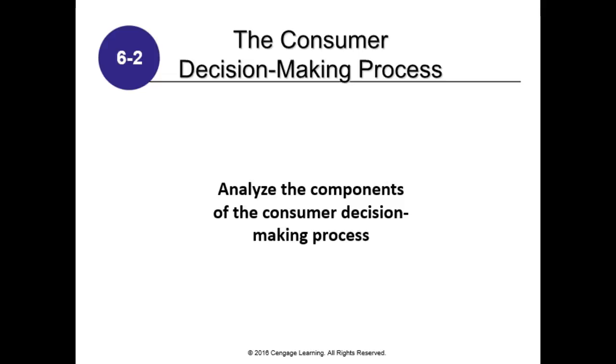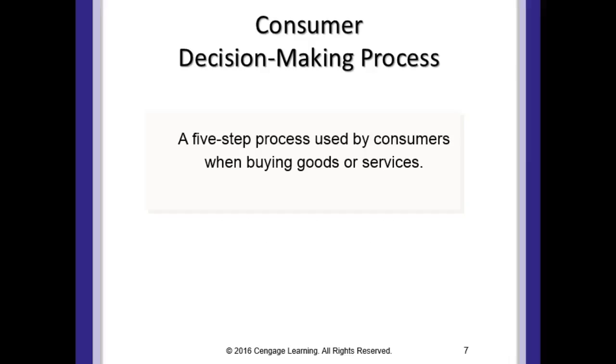Now, analyzing the components of the consumer decision-making process, it is a 5-step process. So whenever you go through and buy a product, a good or a service, the consumer decision-making process represents the 5 steps that move from recognizing a need to evaluating a purchase decision.